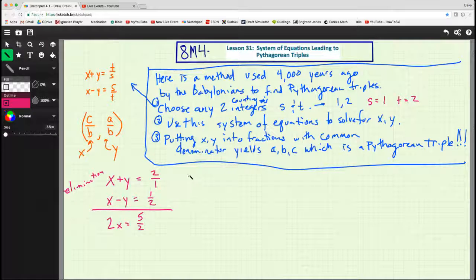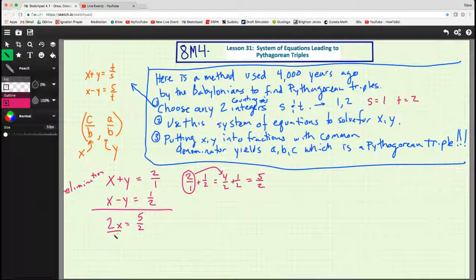Right? Because let's do our math. 2 over 1 plus 1/2 equals 4 over 2 plus 1/2, because I have to have a common denominator. So 2 over 1 is equal to 4 over 2. So that equals 5 over 2. All right, so 2x equals 5/2.